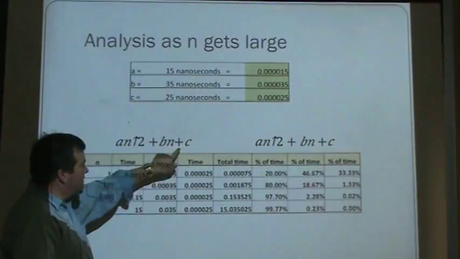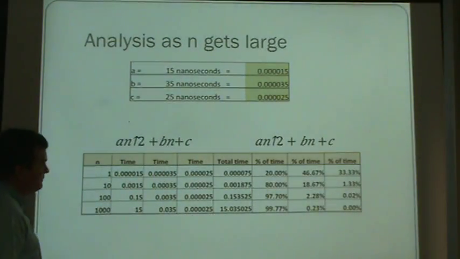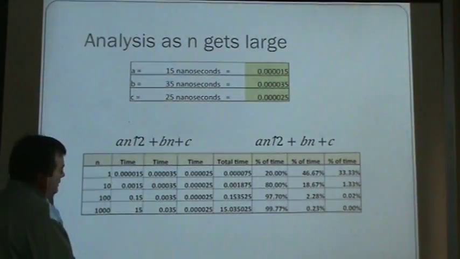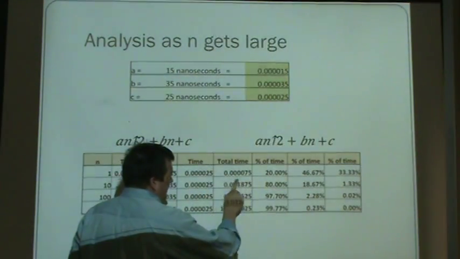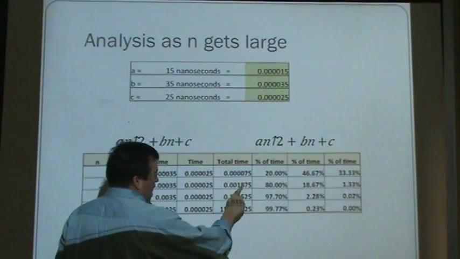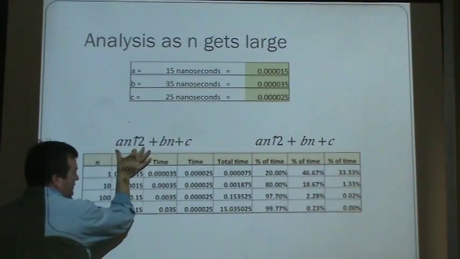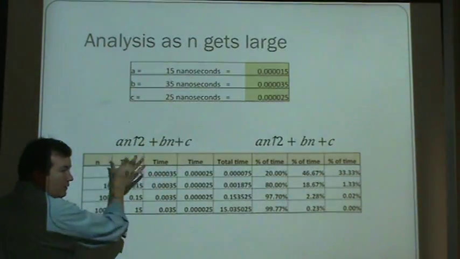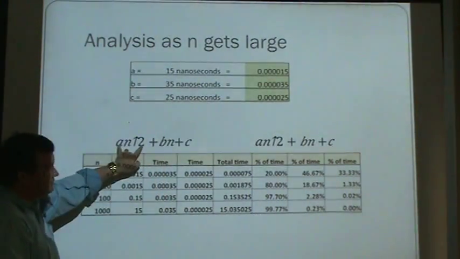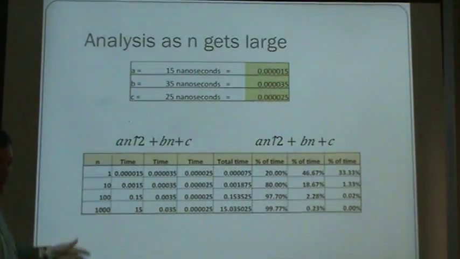No matter what n is, this last part it was all the instructions that ran only one time. So the algorithm would take this number plus this number plus this number. Now the algorithm takes 0.001875 nanoseconds. And then if we took the percentage of time we spend here, 80% of our algorithm is spent doing this code. This is mostly that inner while loop is now taking up 80% of the algorithm.